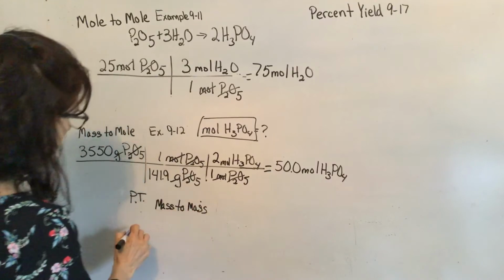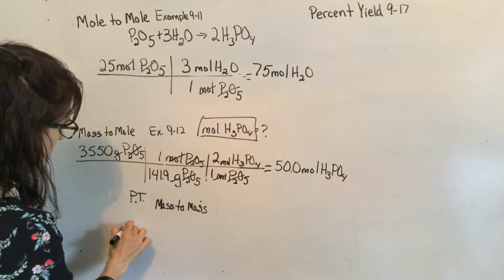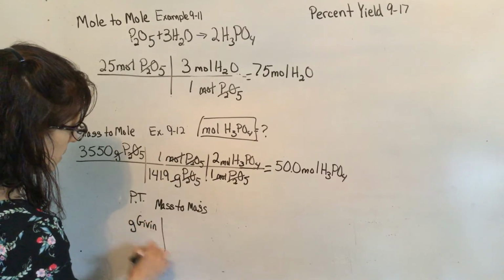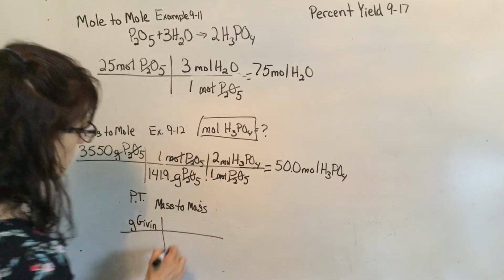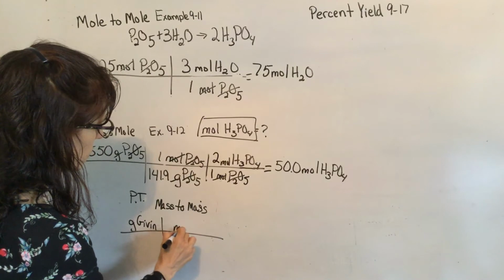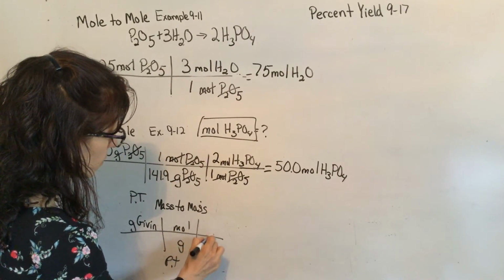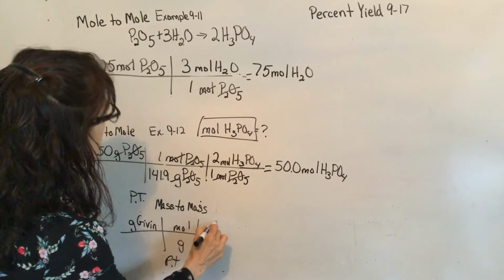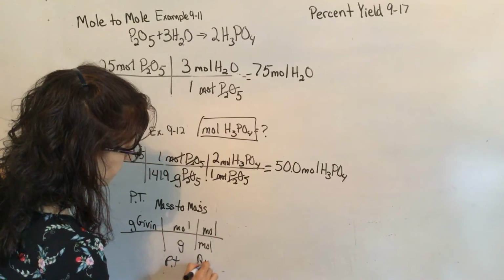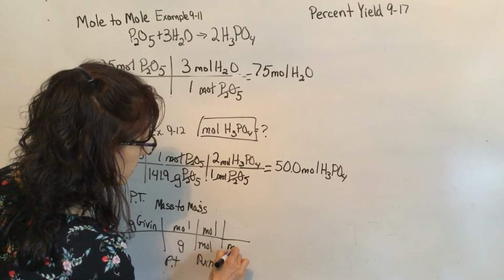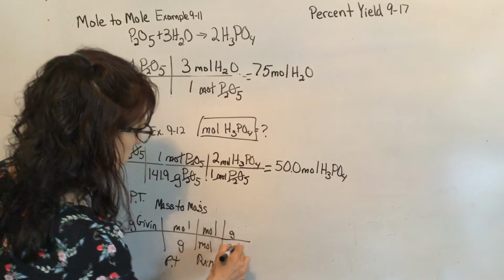Okay, mass to mass gives you grams of whatever's given, right? Then you go from grams to moles with the periodic table, moles to moles with the reaction, and then you go from moles to mass, grams of what it's asking.